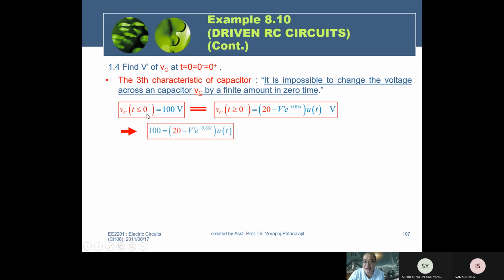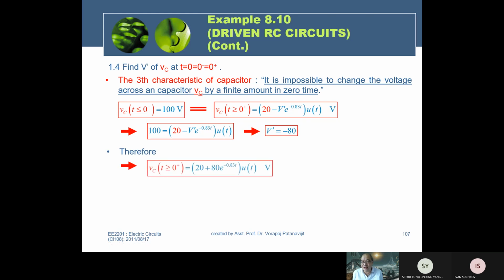Okay, you substitute t to be 0. Zero multiplied by anything gives you 0. Anything to the power 0 gives you 1. Therefore, 100 equals 20 minus V. Therefore V will be equal to minus 80.